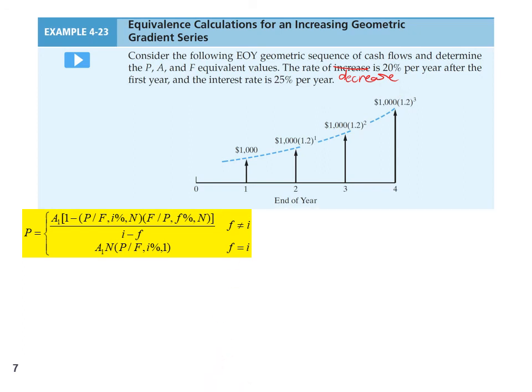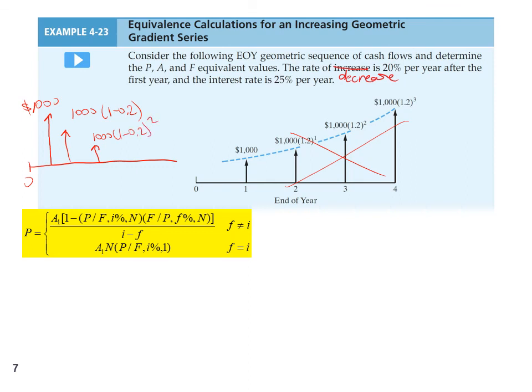The cash flow for this case is not correct now, and we need to sketch it so that the first payment is $1,000, the second one is 1,000 times 1 minus 0.2, and the third one will be 1,000 times 1 minus 0.2 to the power 2. So this time, the interest rate I is 0.25, but F is minus 0.2. This negative is important. If you don't use it as negative, you will obtain a wrong result.